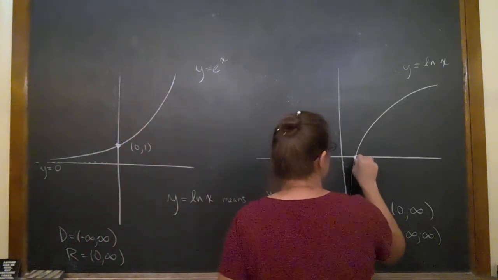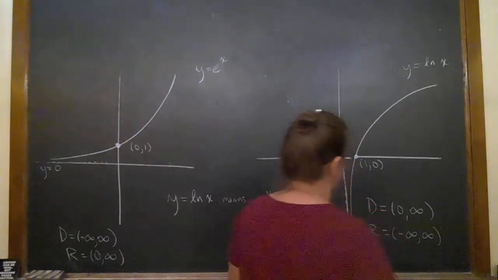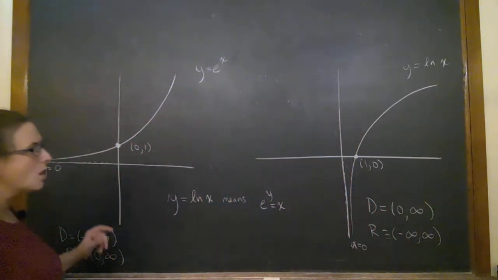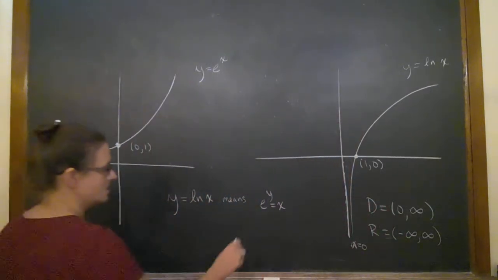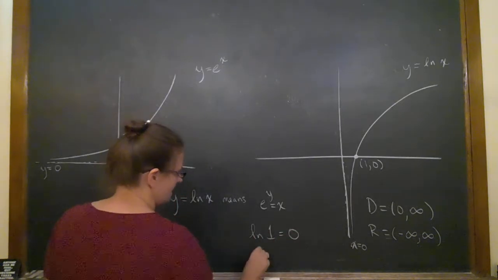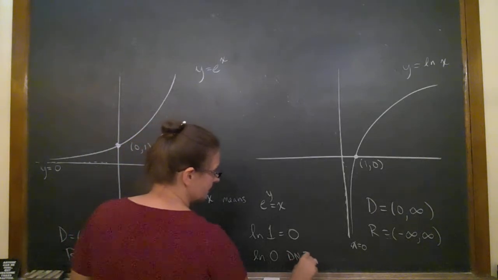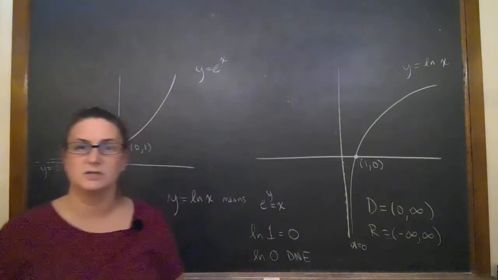That means that when I swap x and y over here, this point is 1, 0. So natural log of 1 is 0. Natural log of 0 is undefined. So I can write DNE, or I can write goes to infinity.